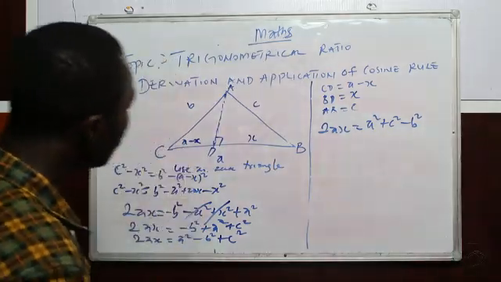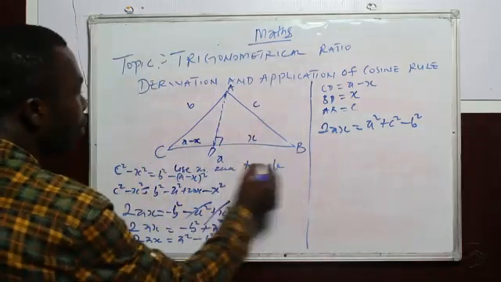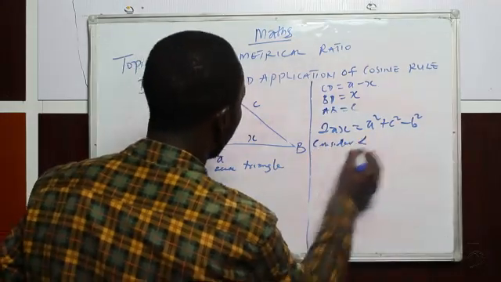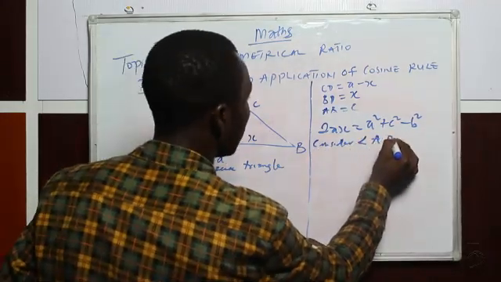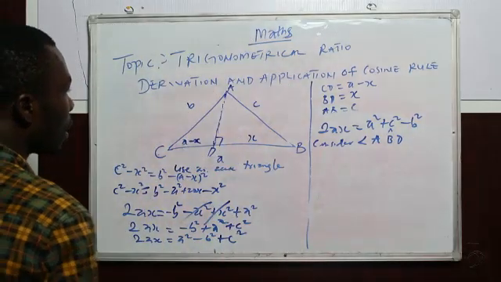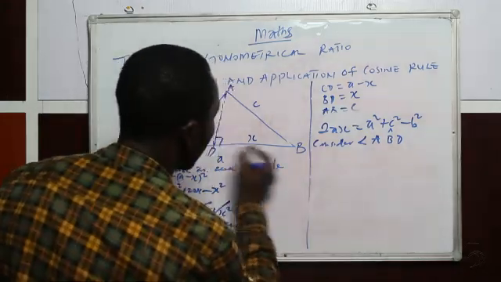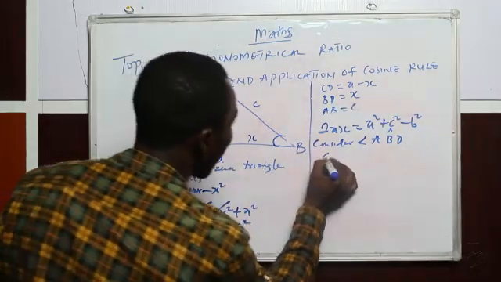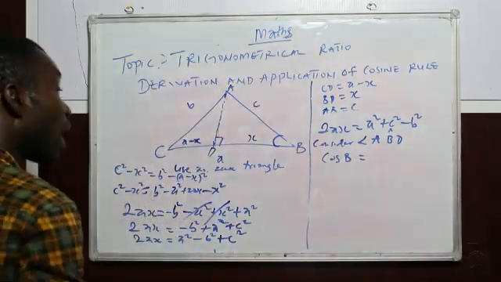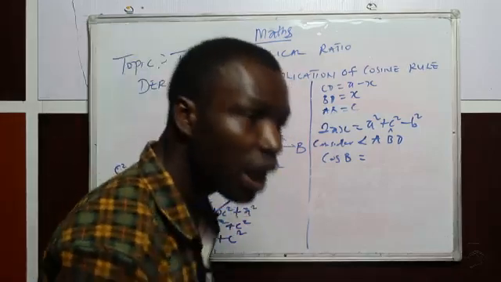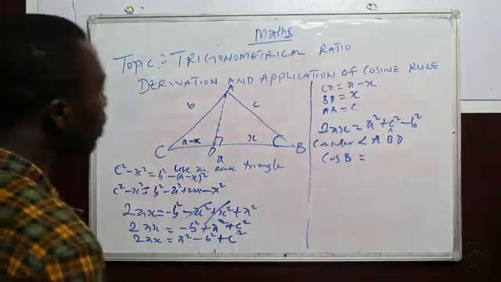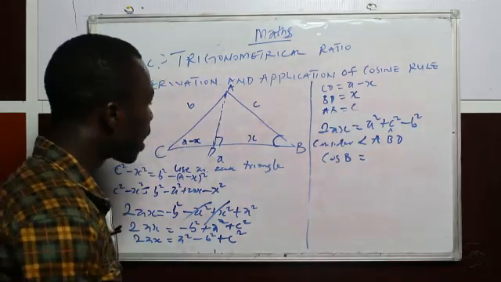Now, consider triangle ABD. Consider this angle here, cos B is equal to adjacent over hypotenuse. Remember, the word CAH means adjacent over hypotenuse.